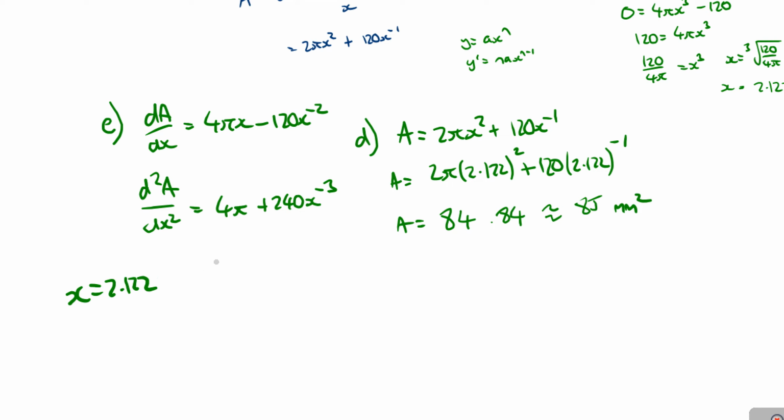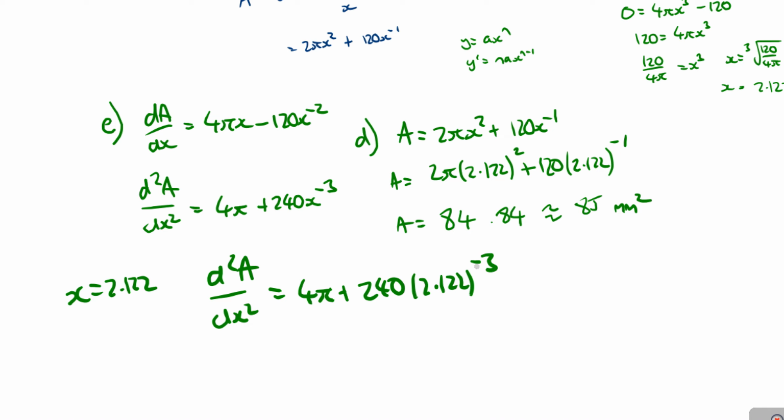Then we plug that in: d2A/dx squared is equal to 4 pi plus 240 times 2.122 to the power of minus 3. Plugging that into our equation gives us an answer of 37. Now the actual number here doesn't matter, but what is important is that d2A/dx squared is greater than 0.